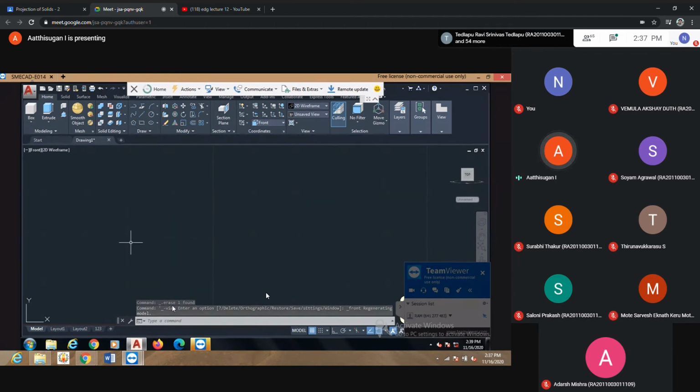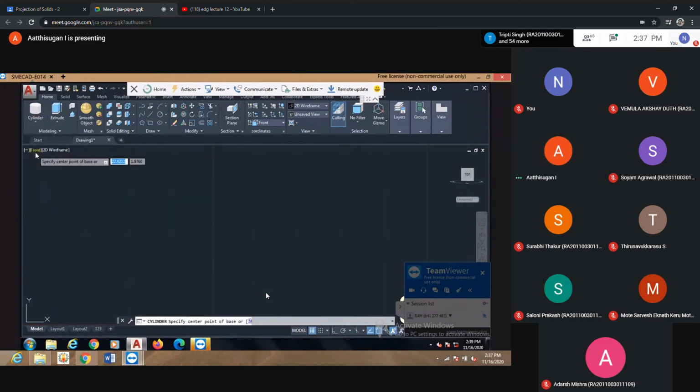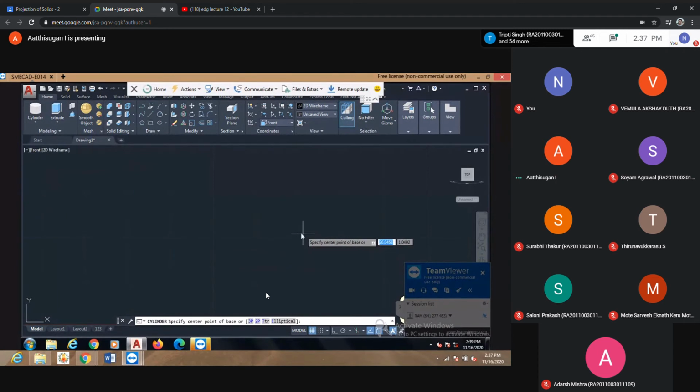I didn't set the unit limits and all, so maybe it will come out different. I'm just showing how to give the dimensions in a cylinder. Okay, the units.